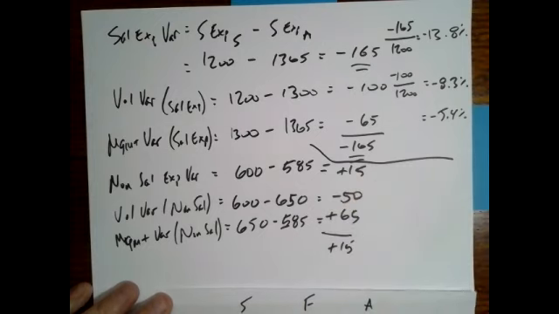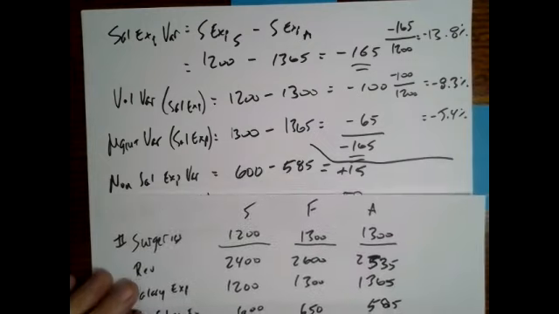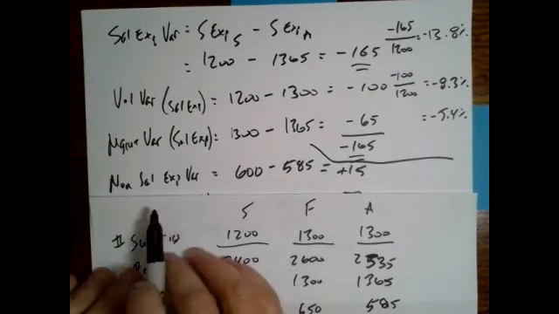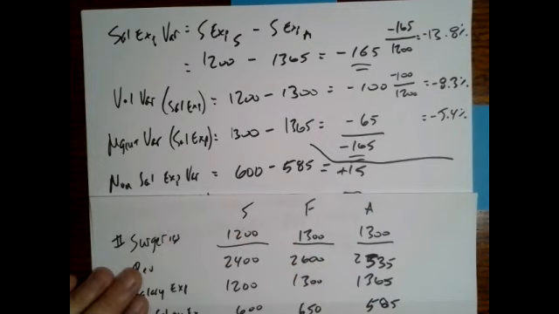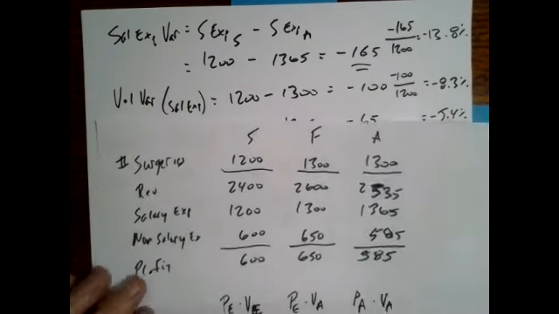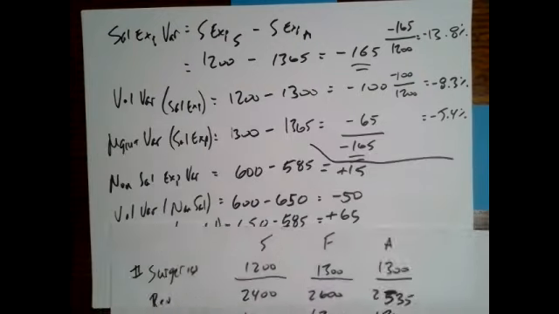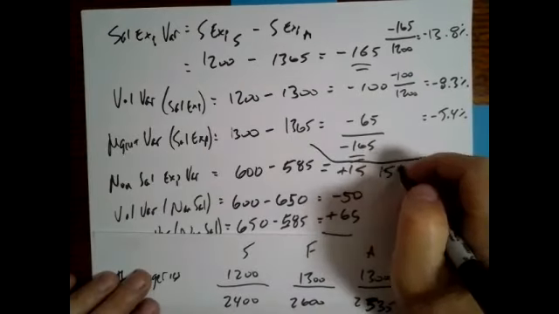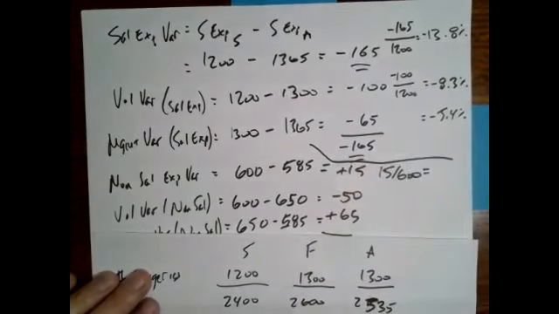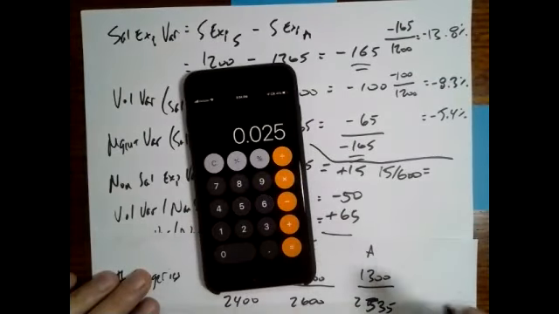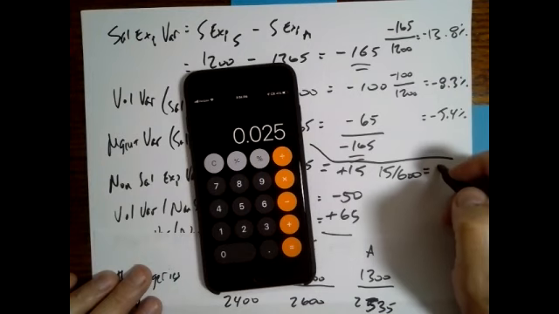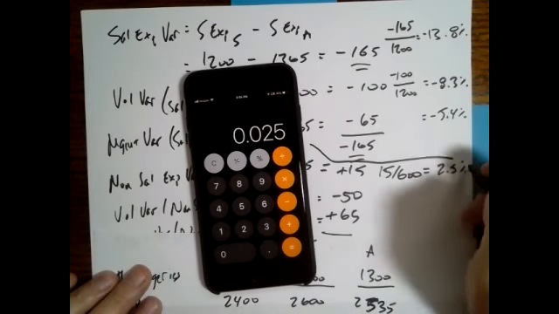Now we want to calculate the percentages. So how much were we off from our original expectation of our non-salary expense? Our original expectation for non-salary was 600. We were off by 15. So 15 divided by 600 is 2.5%.